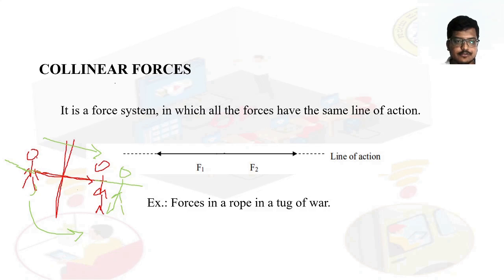More than two or three members will be there, and the force of each person holding the rope will be in which direction? The direction of these people's forces is along the same line of action, and the line of action should be like the rope only. Understanding?